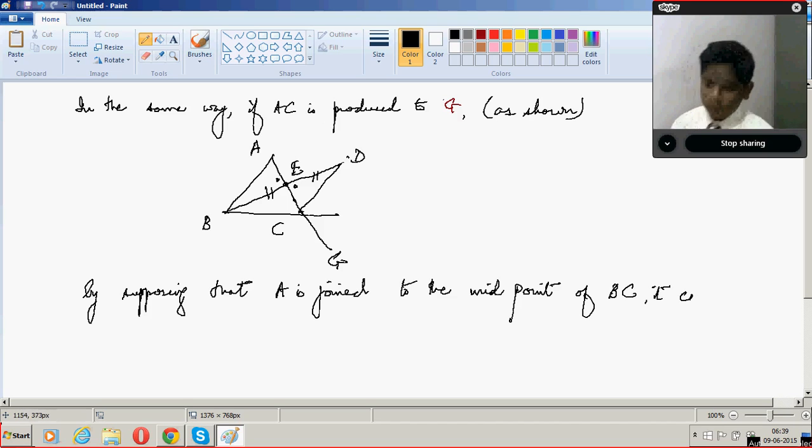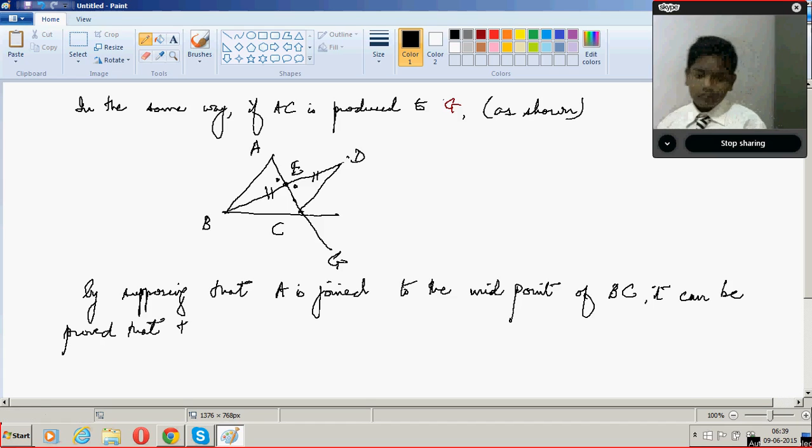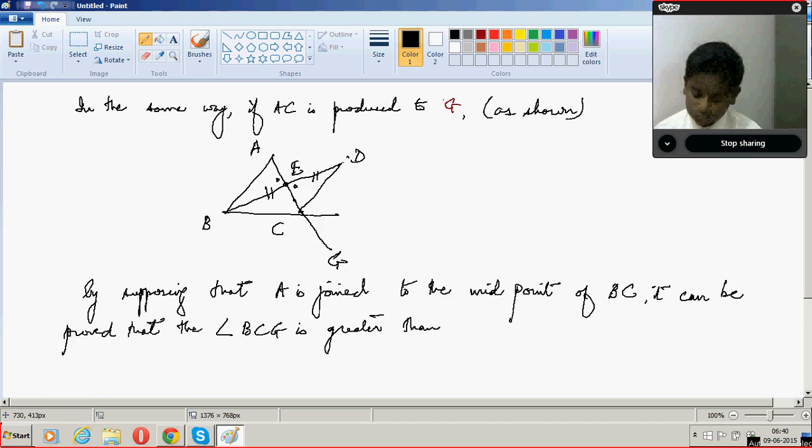it can be proved that the angle BCG is greater than angle ABC.